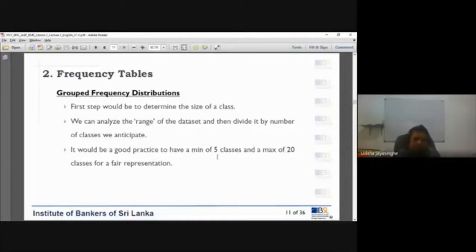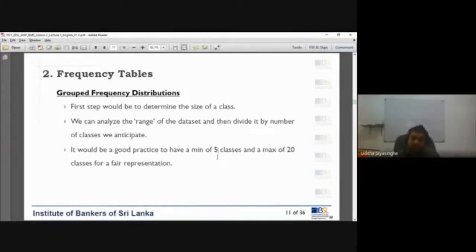You're kind of clueless. You don't necessarily know what the class interval is going to be. Point number 3 suggests it's always a good practice to have a minimum of at least 5 classes and a maximum of around 20 classes for a fair representation. If you have more than maybe 20 or 30, then your class representation is going to be similar to that ungrouped frequency distribution that we talked about. Individual items, individual frequencies.